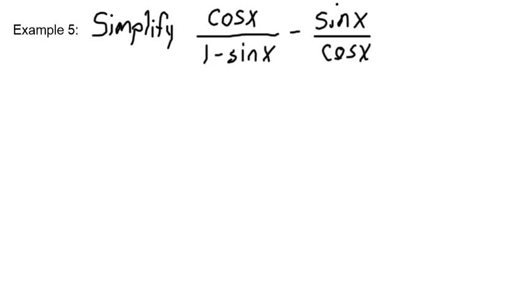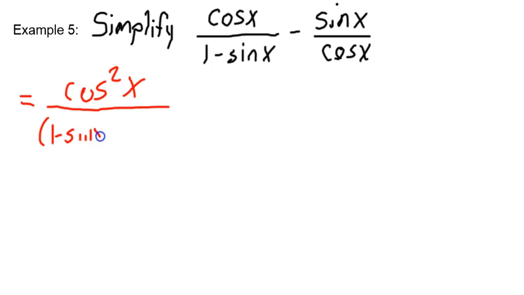So if we do that, this is going to be equal to cosine squared x over 1 minus sine x times cosine x. And now we need to look at that second fraction, sine x over cosine x.